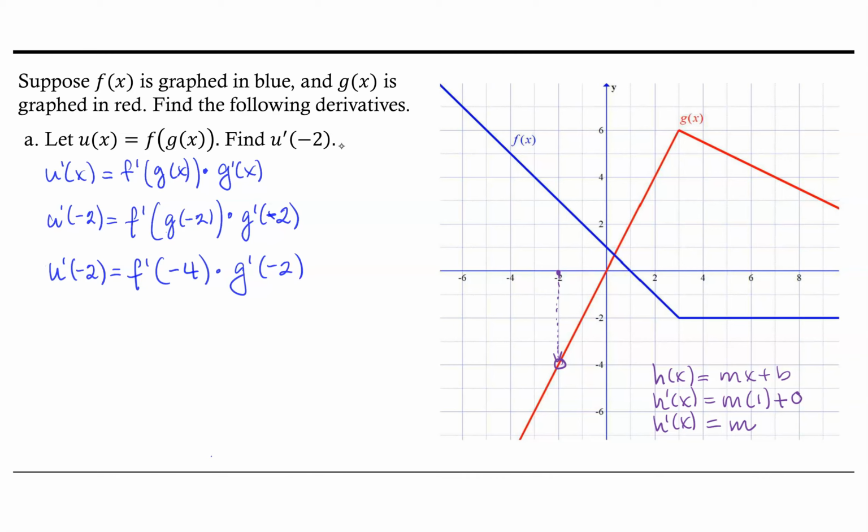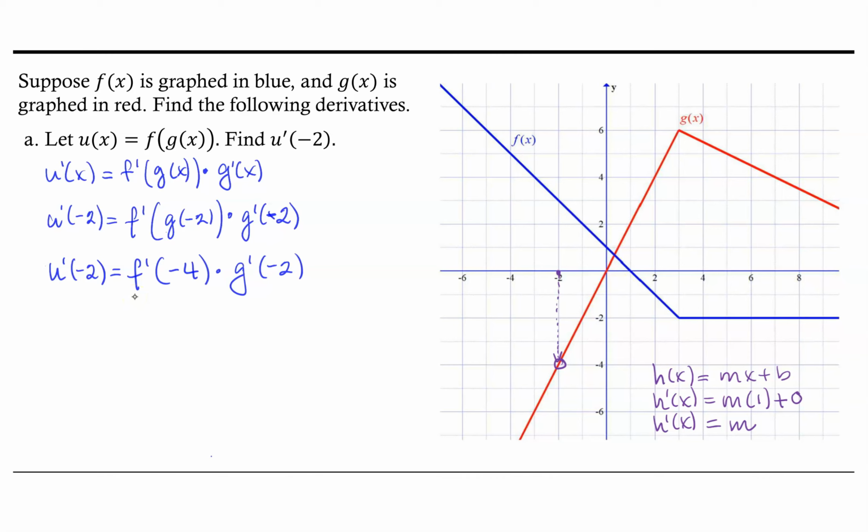All right, so now there's two more pieces of information we need. We need f prime at -4, but we know this is linear, and the derivative of a linear function is its slope. So basically what I need is the slope of the function f when x is equal to -4.